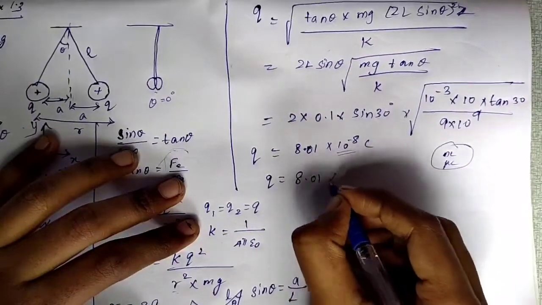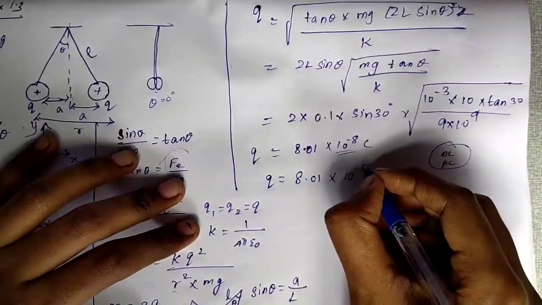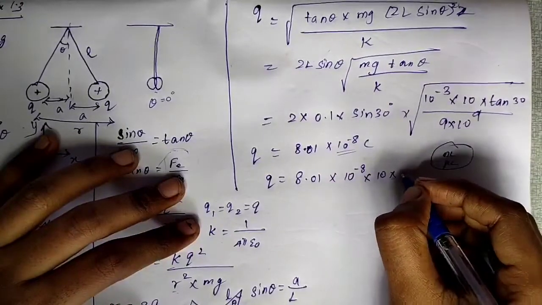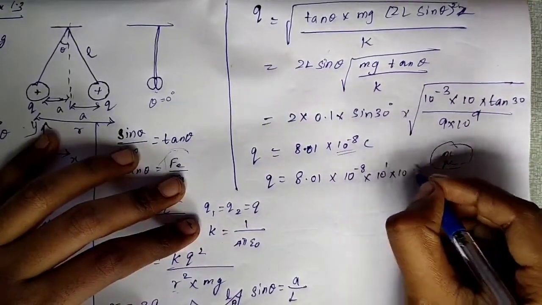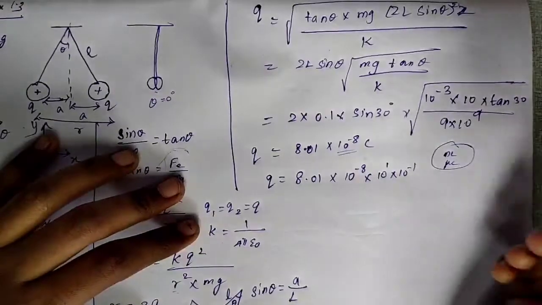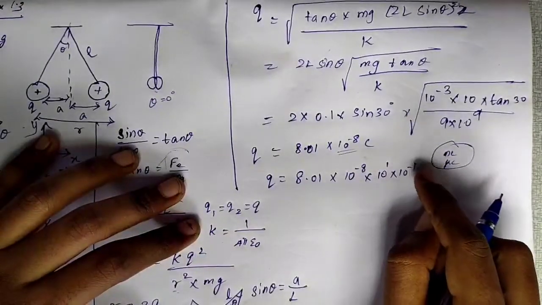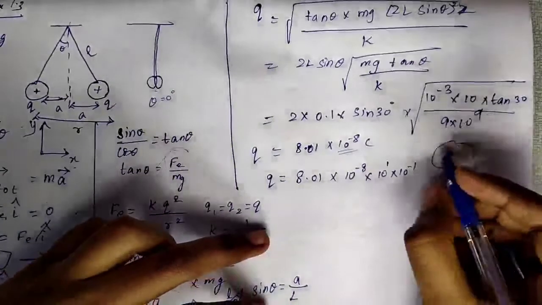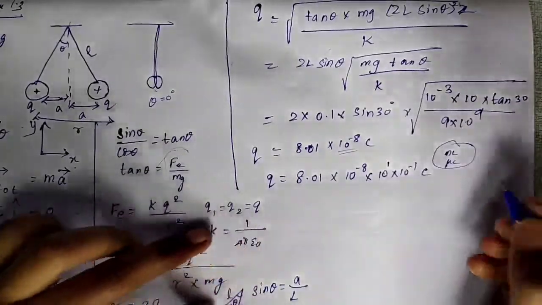So I am going to use 10 power minus 8, multiplied by 10 and divided by 10. So 10 power plus 1 and 10 power minus 1, so the value won't change, in coulomb.